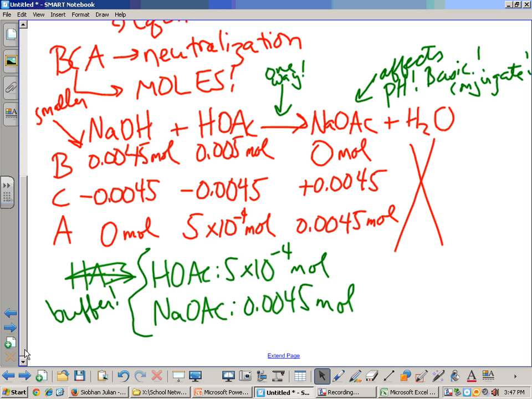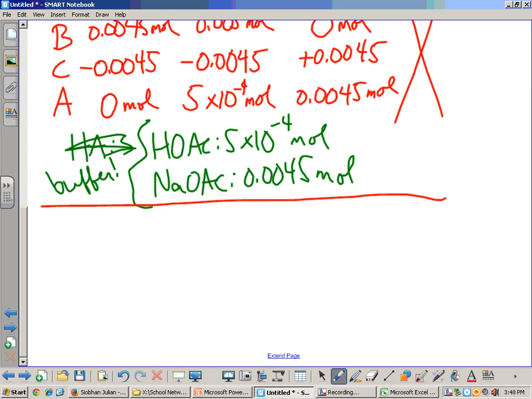That's what we have generated by neutralizing some but not all of the weak acid, and by generating some of the weak base, the conjugate base, we have created a buffer in this problem. That's absolutely what's happened. So right now in our flask, we added that 45 milliliters of the NaOH, you made a buffer. You used up some of your weak acid, but not all of it. This ends part 1. All of that was part 1. Part 2 becomes an equilibrium problem.